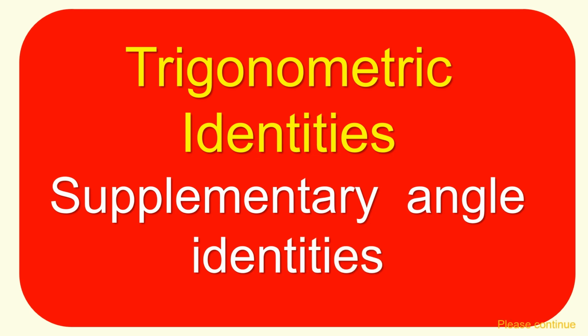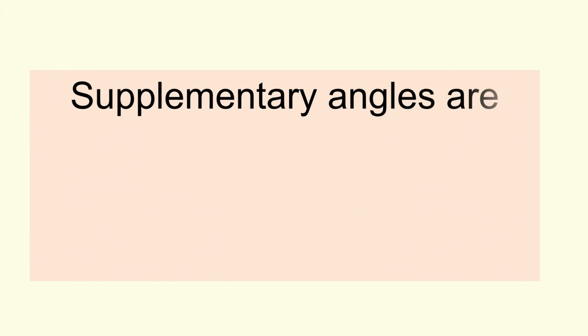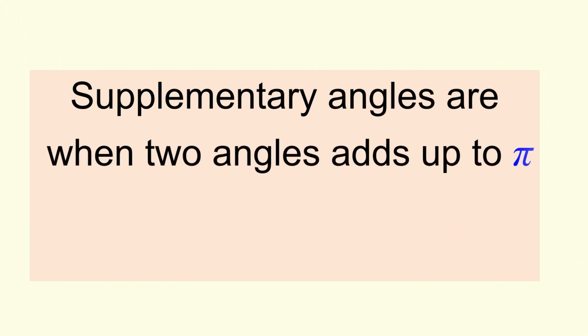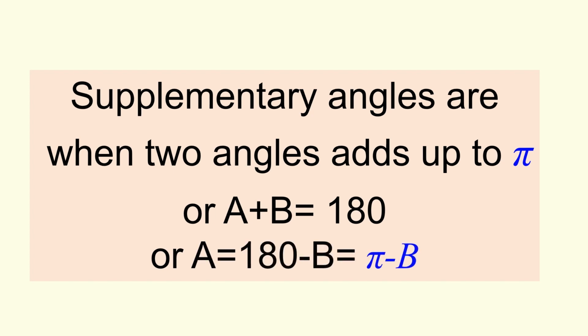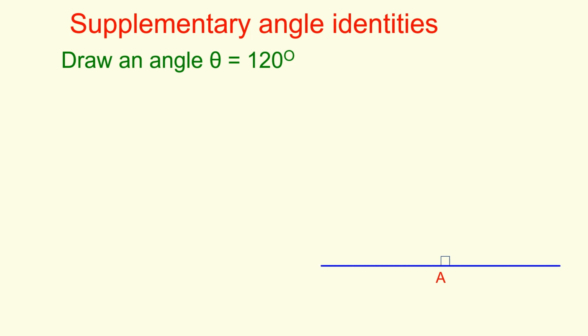Supplementary angle identities. Supplementary angles are when two angles add up to 180 degrees or pi. To learn these identities, we draw two supplementary angles. Draw an angle of 120 degrees and 60 degrees.